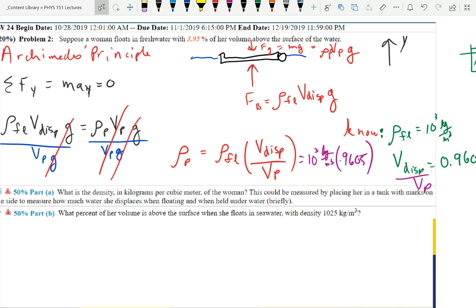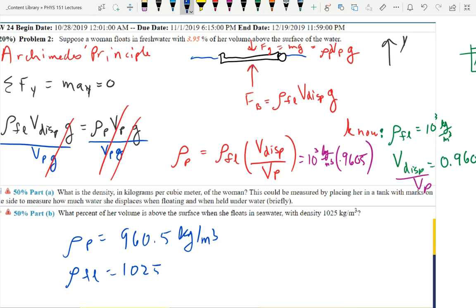We now know the density of the person is, using the numbers they have, 960.5 kilograms per meter cubed. And we know the density of the fluid is 1025 kilograms per meter cubed.